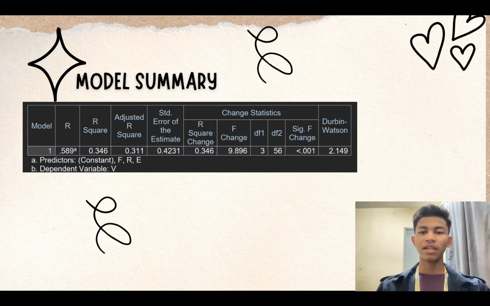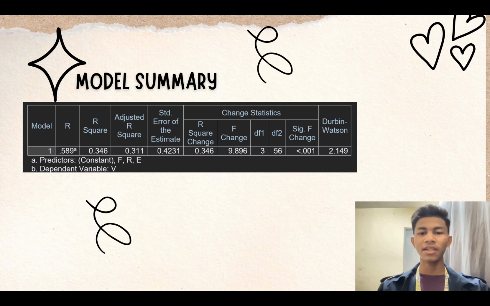The standard error of the estimate is 0.42308. This represents the standard deviation of the residuals and provides an estimate of the average distance between the observed values and the regression line. A lower value is better, indicating a better fit of the model. Second, we go to the change statistics.